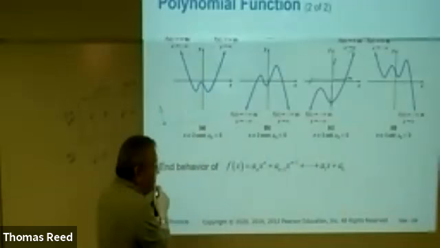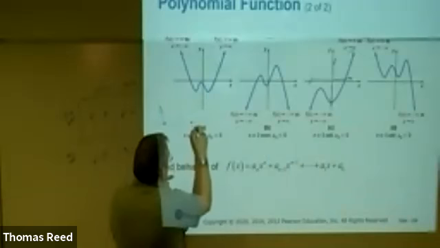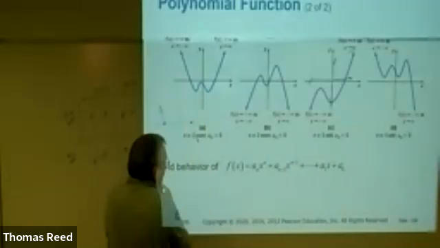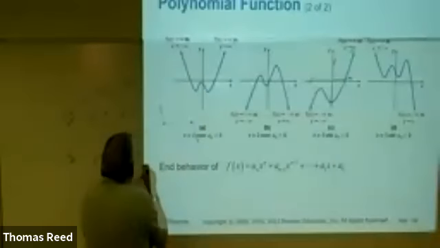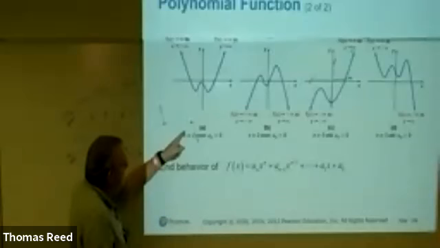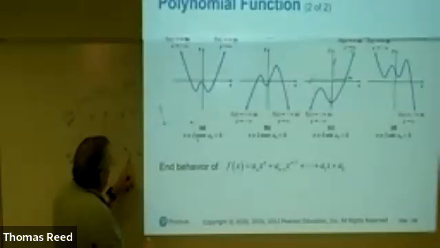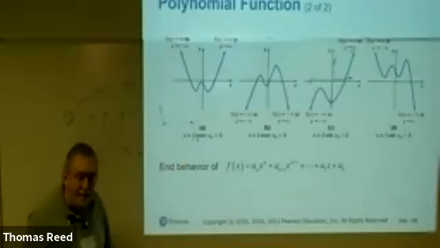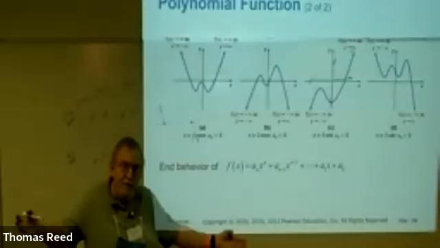I know that. And whatever this x-intercept is over here, it's going to be going down that way. I know that from this. There might be another x-intercept or more in between, but I know at the ends that's what's happening. And that's going to help me graph.